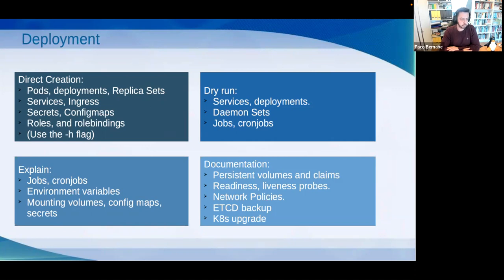For example, an example that I like is daemon sets, right? Because daemon sets, you cannot create them from the command line. So a useful tip for this is to create a deployment and then export it to a YAML file and make the changes there.